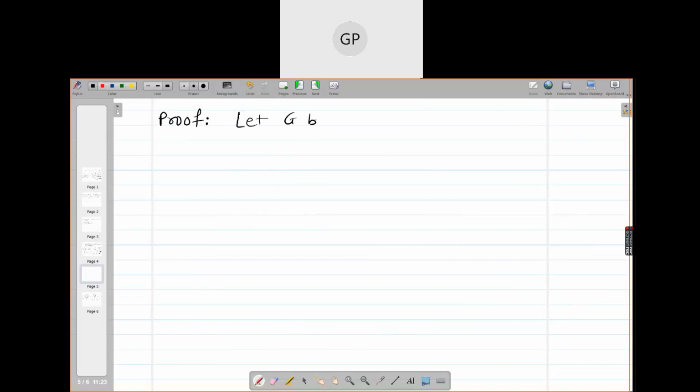Let G be a simple graph with n vertices and k components.